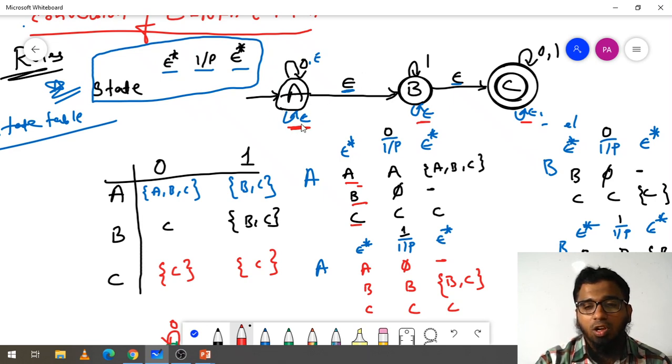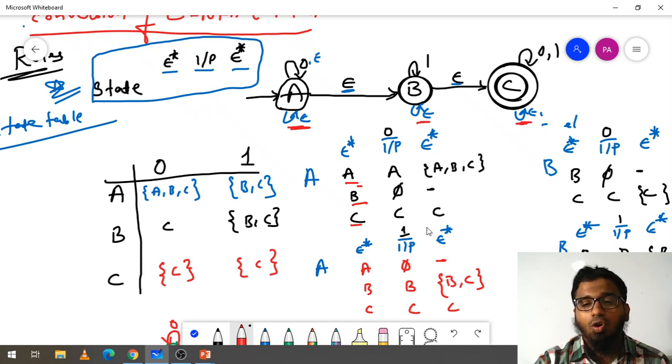A on epsilon is B, and B on epsilon is C. With the help of epsilon, it's going from A to C. So A comma B comma C. Next, B on phi, we don't need to do anything. C closure: what is C closure? On epsilon, C is going only to itself.